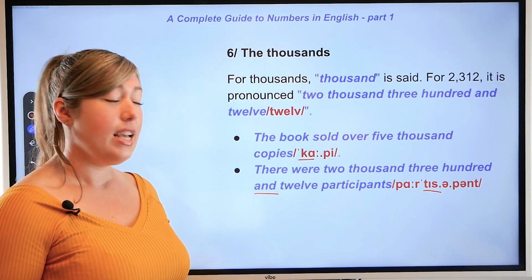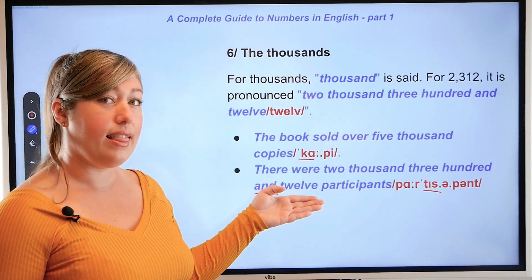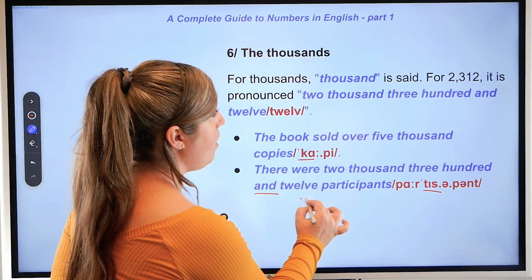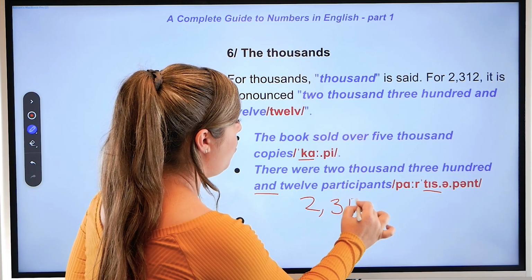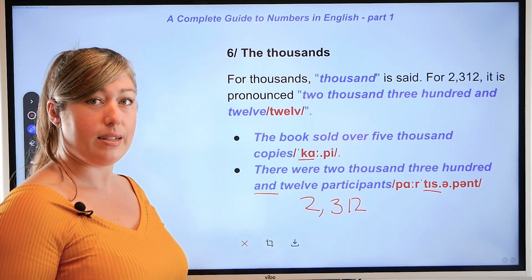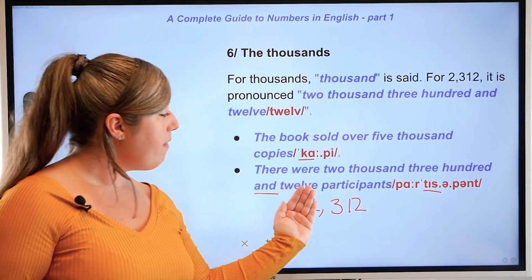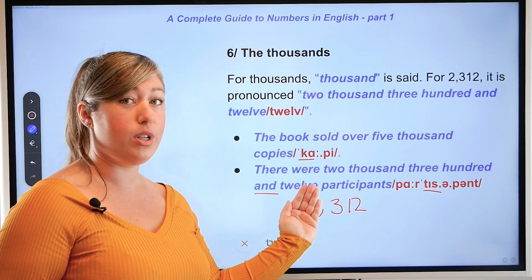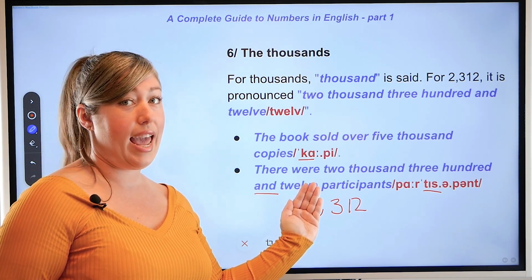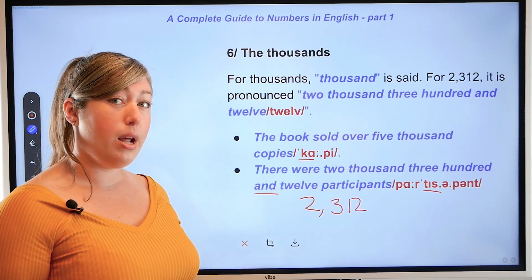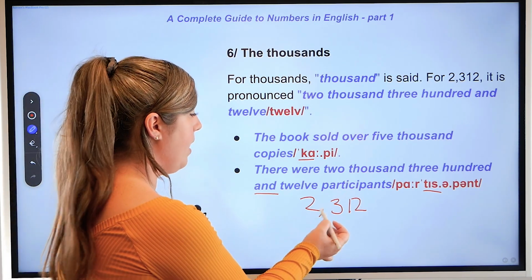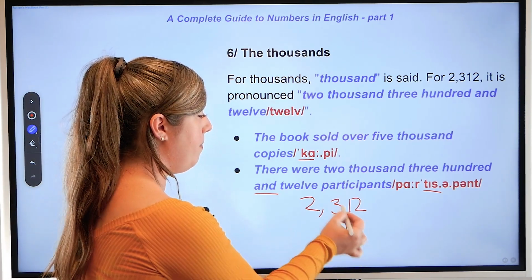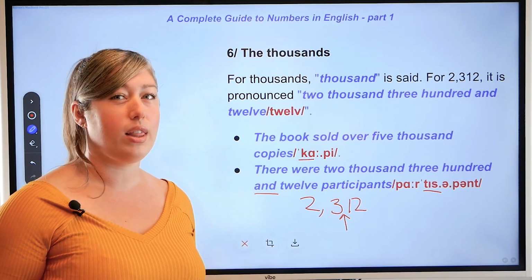This word and is only coming at the end of the number. 2,312 participants. Normally, if we have a number such as 312, we don't put and. But if we have a larger number in the thousands, we will put and here. But we'll practice this more later.